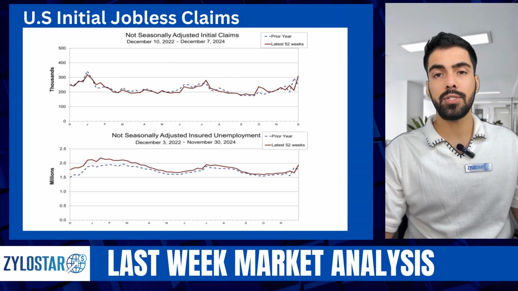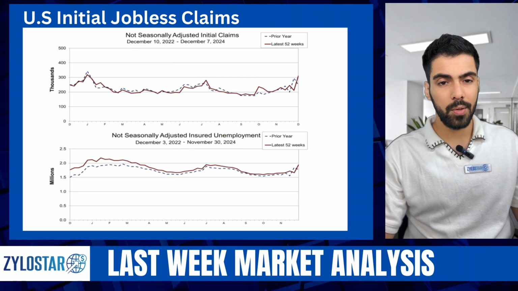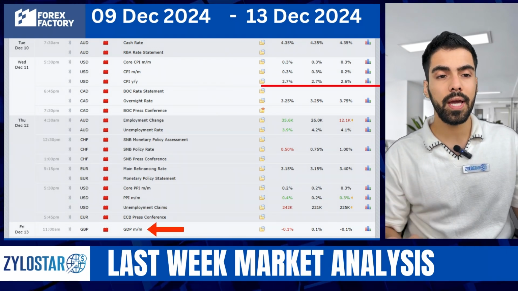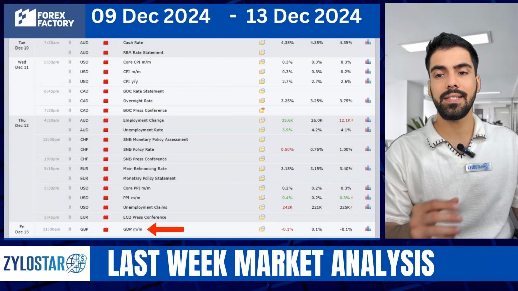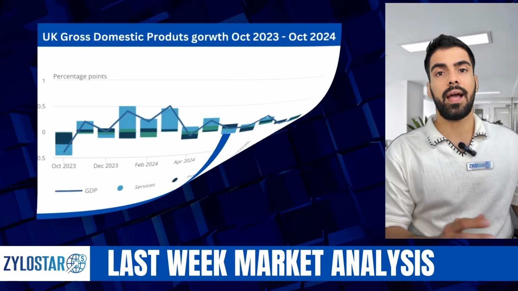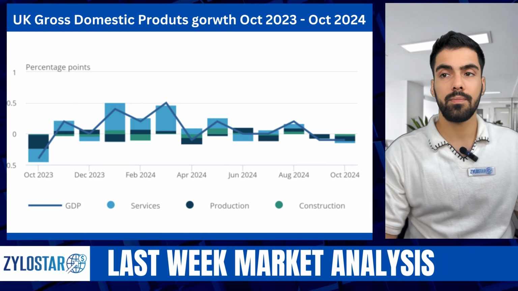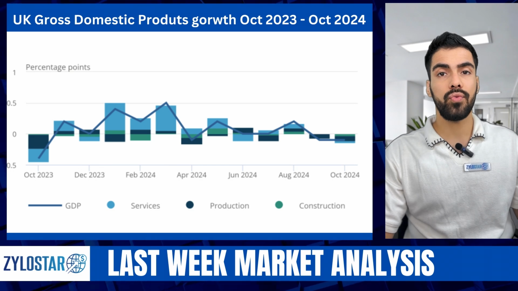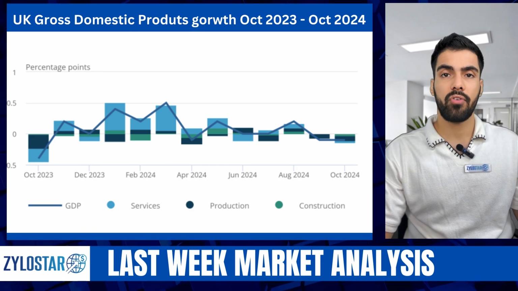By the way, it published 242,000. Eventually we got the GDP number for the UK, and it released 0.1% on the negative side, and it was shocking for the financial markets, and it led Great British Pound to face some pressures in the financial market.